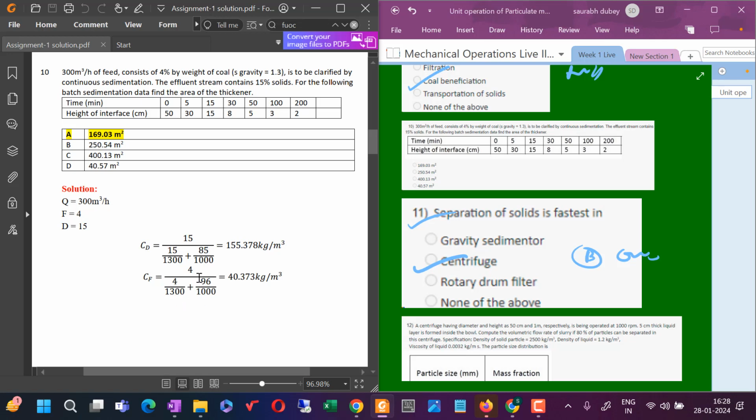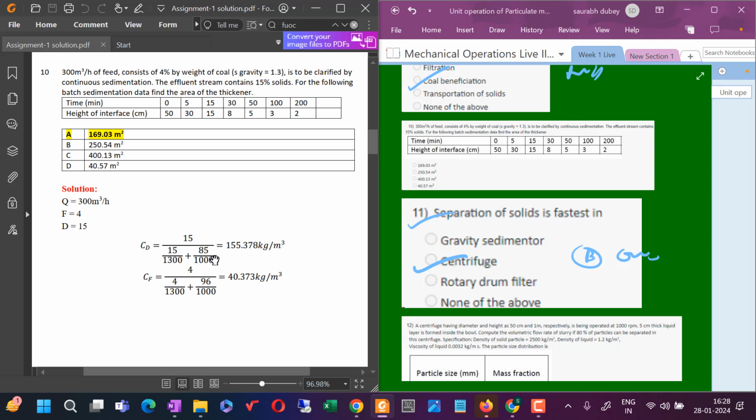Basically, in the lecture, it has been Ca. CD and CF are easy to calculate because here you see 15% of the solid is there, so 85% of the water will be there. So this is in kg per meter cube.